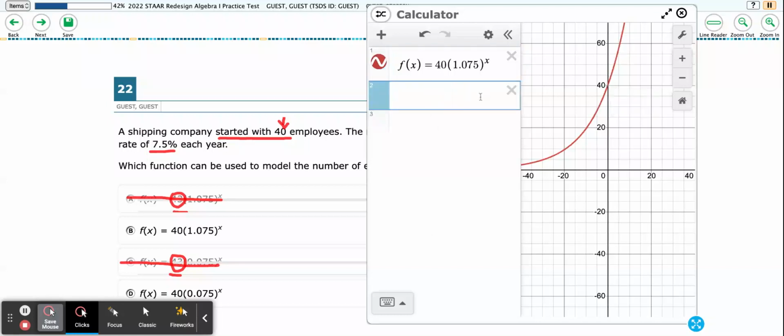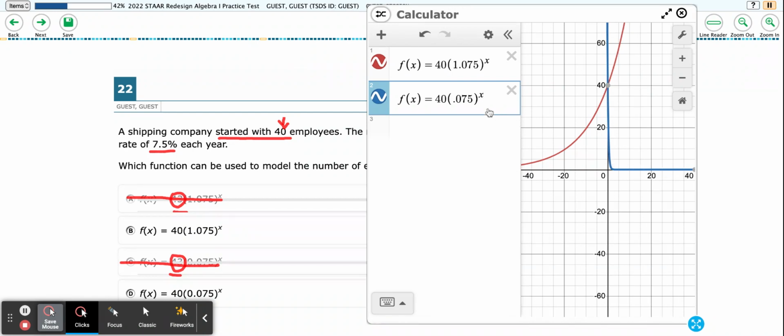To make sure, we're going to put in the other equation, answer choice D. So we'll put in f of x equals 40, open parentheses, 0.075, close parentheses, shift 6, put my x in the exponent. You can see that this is a rather steep decay.